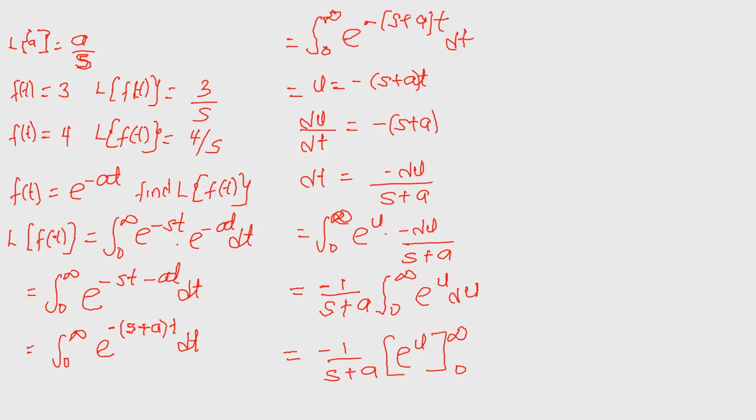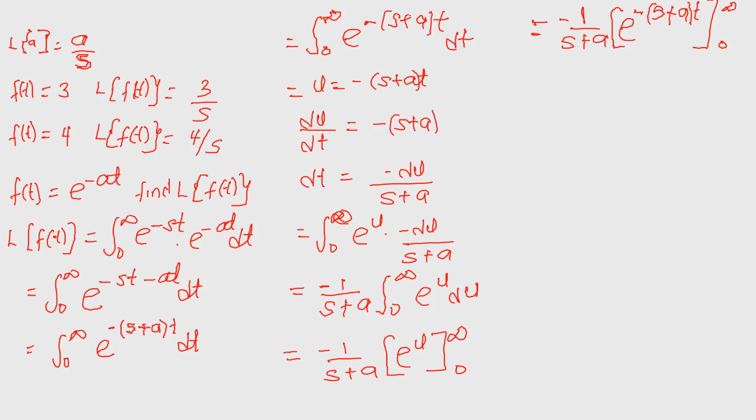So which is going to give you minus 1 over s plus a, then into e raised to the power of, what's your u? Your u is minus s plus a t, then you put your boundary, infinity to 0.